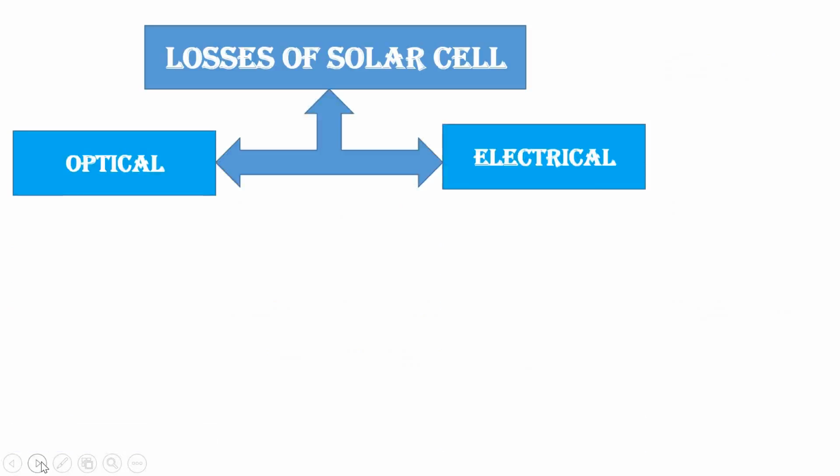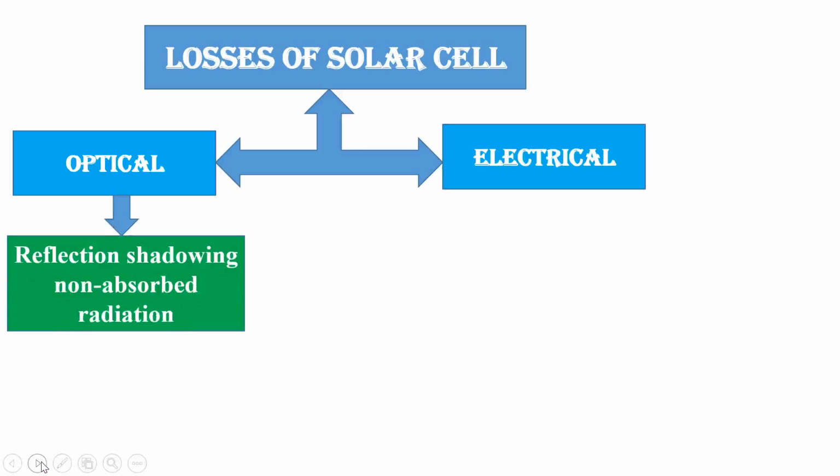Now, first we discuss the losses of a solar cell. There are two types of losses: optical losses and electrical losses. First, optical losses: reflection, shadowing, and non-absorbed radiation.